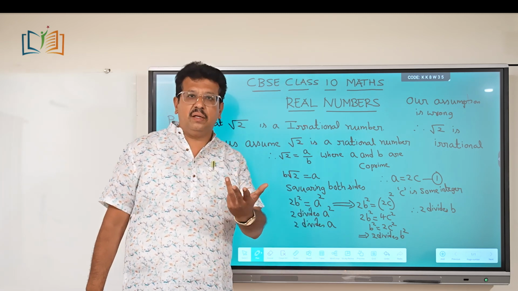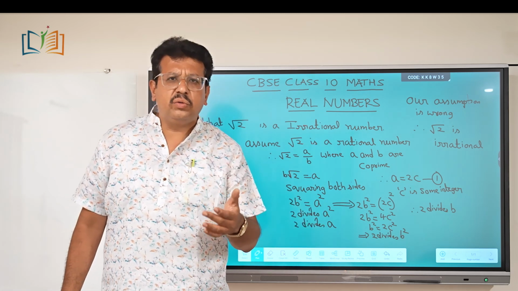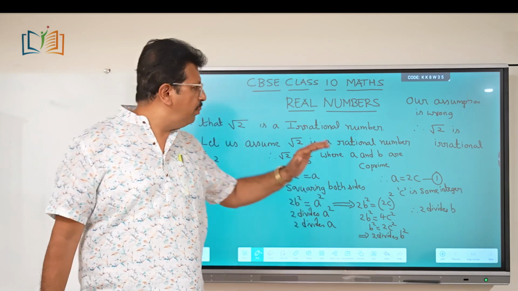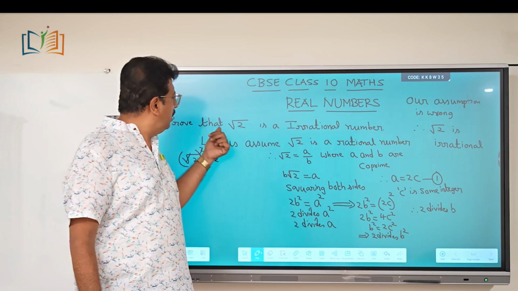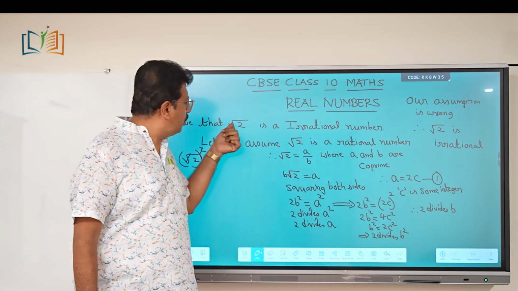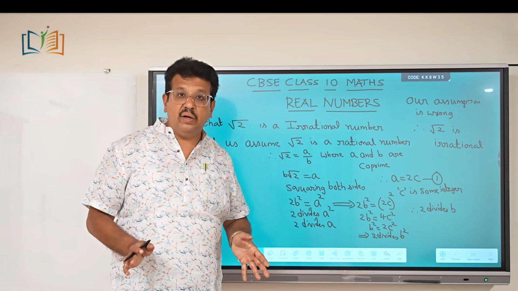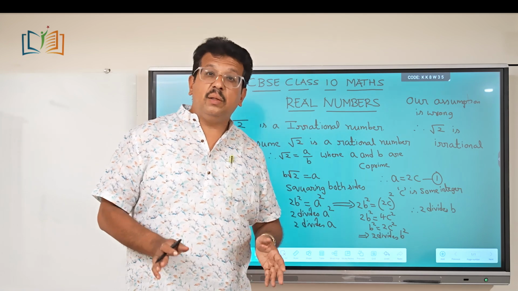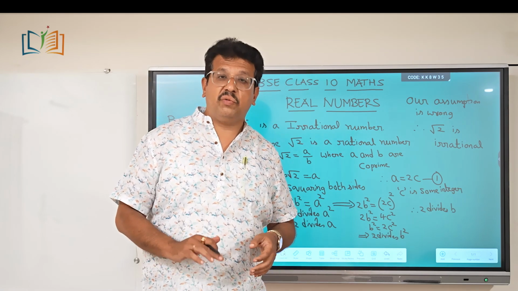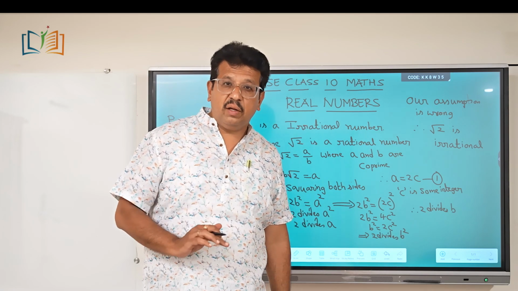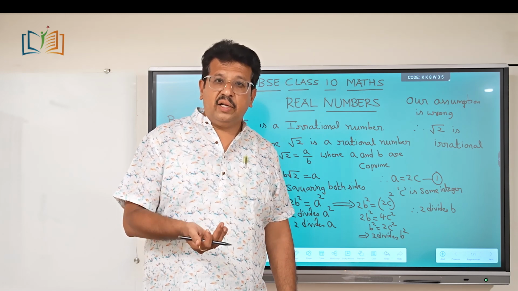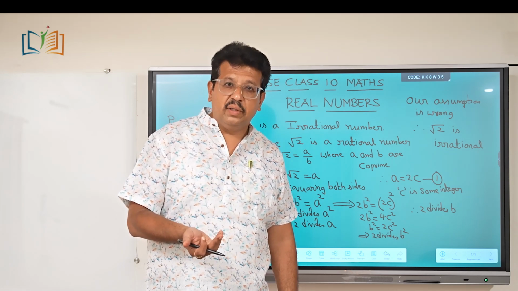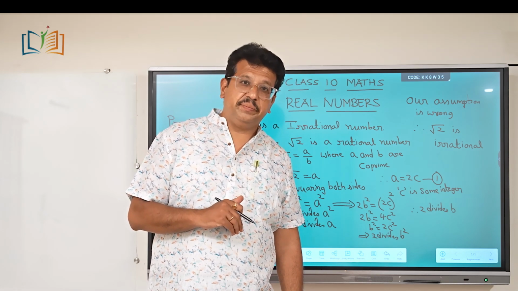Whatever number you take, root 3, root 5, root 7, this is the method you need to follow to prove that root 2 is an irrational number or root 3 is an irrational number. I hope you are clear with this concept. Definitely in the board exams, it will come for 3 marks. So be very, very clear about this topic here, students. That is about how to show that a number is irrational. I hope you are all understanding very well.